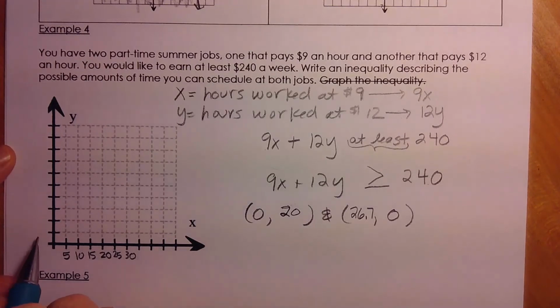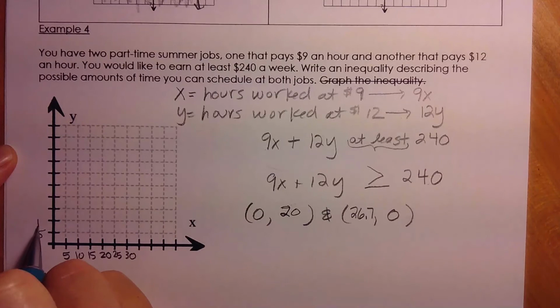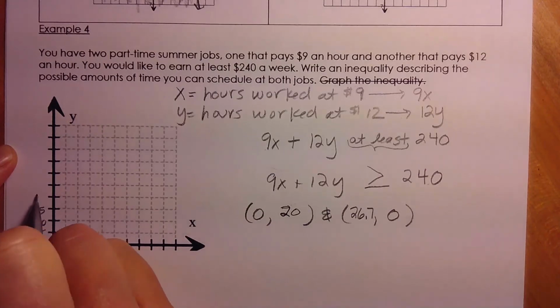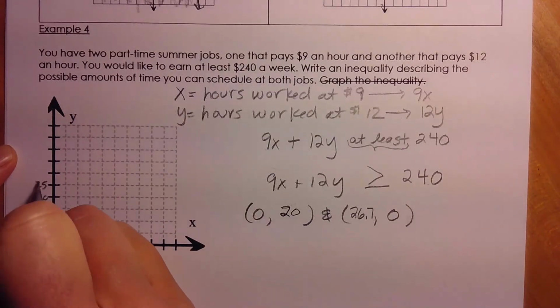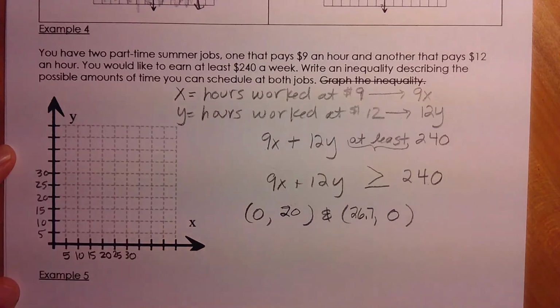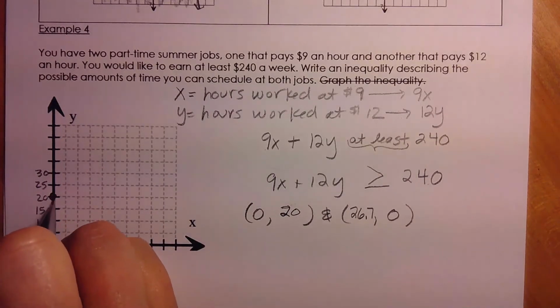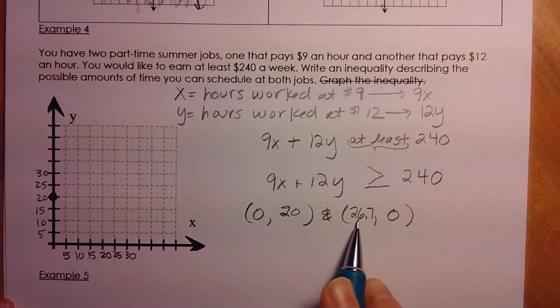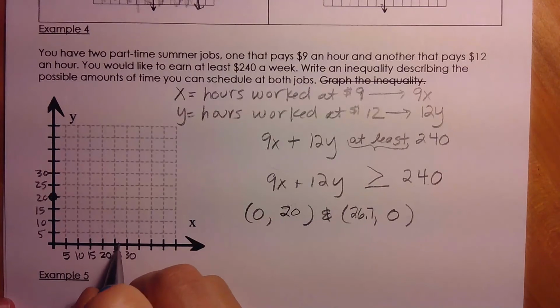And the other side is going to go, let's see, 5, 10, 15, 20, 25, 30. All right, so I have 0, 20, so that goes up to here. And I have 26.7, so here-ish.